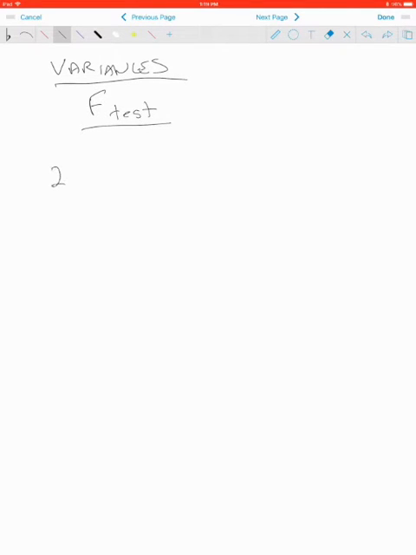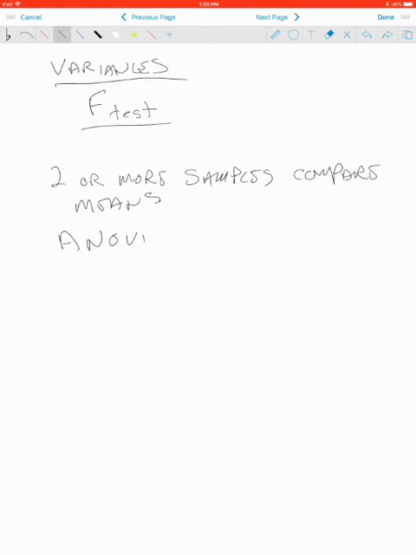What if I have two or more new samples I want to compare? Means. So here I can use a single factor or one-way ANOVA we just relatively recently talked about. I'm going to use analysis of variance to compare those means.